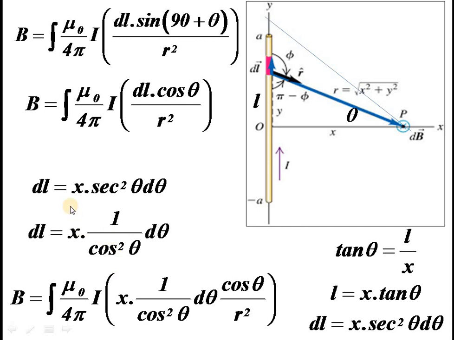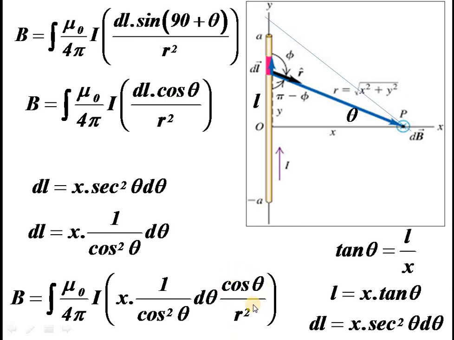Okay, so let us now replace the dl. So B is equal to mu 0 by 4 pi I, and this one is replaced with x times 1 by cos square theta d theta, and we have cos theta by r square. So this r square is already there, cos theta is also there.